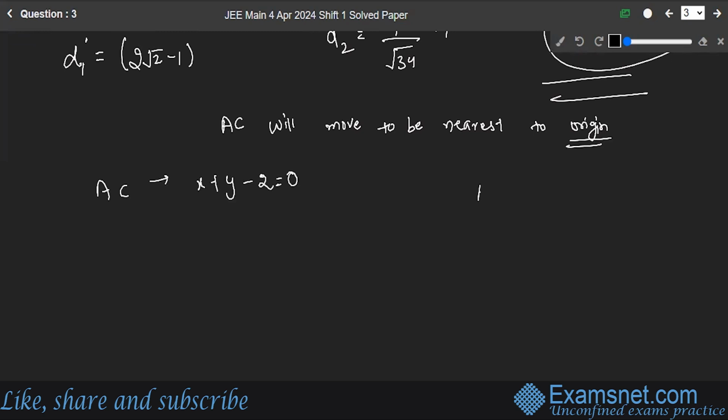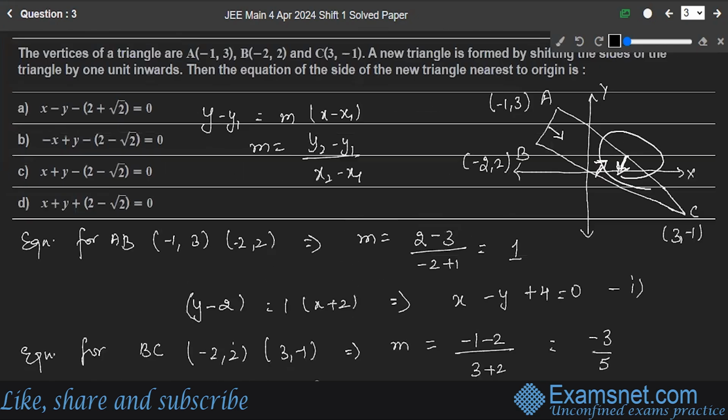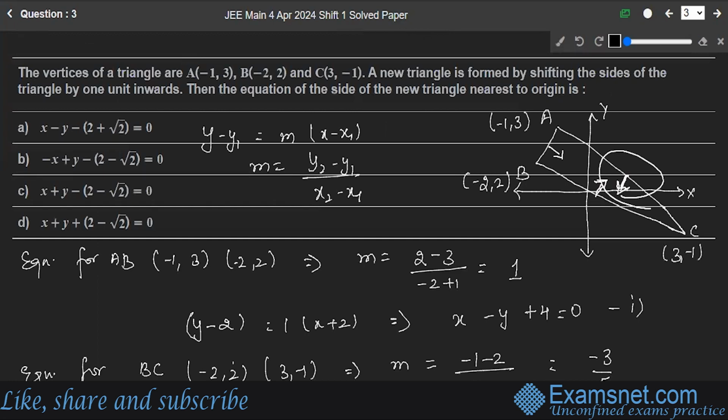And when it moves towards the origin, let the new side be A dash C dash. Of course, it will be parallel to AC, right? Because it has moved 1 unit inwards, of course, it's going to be parallel to AC. That means what equation will it have? It will have x plus y plus, let's say, C is equal to 0, right? So now I have to find the equation of the new side.